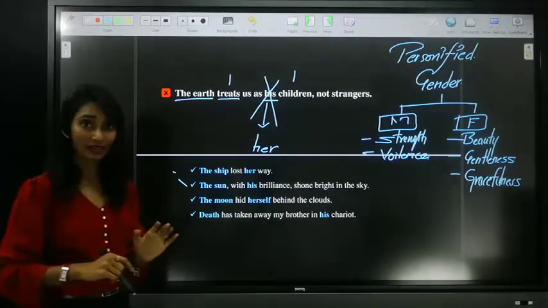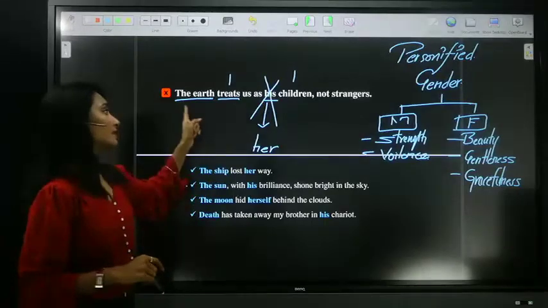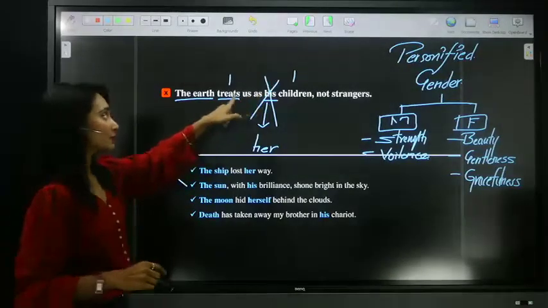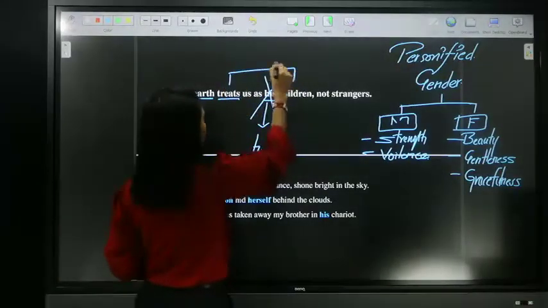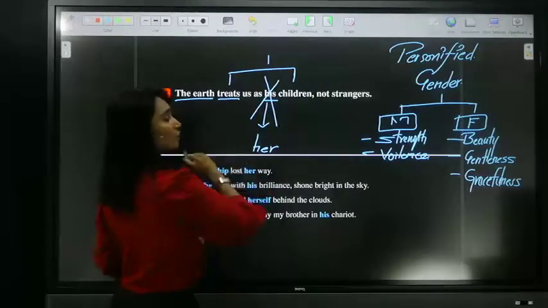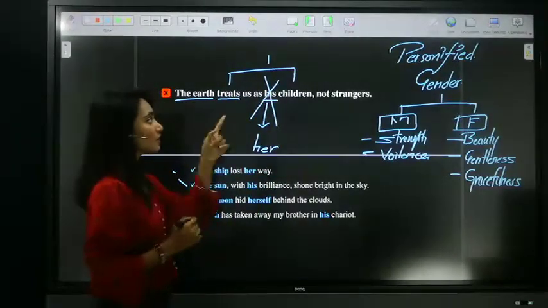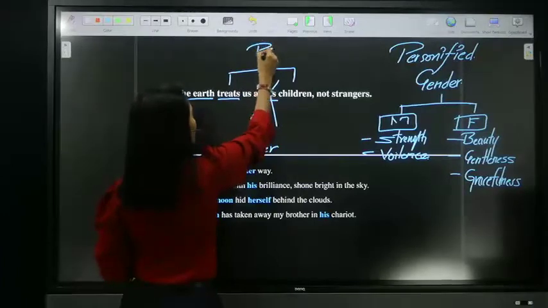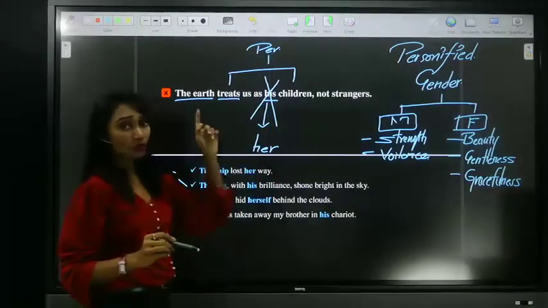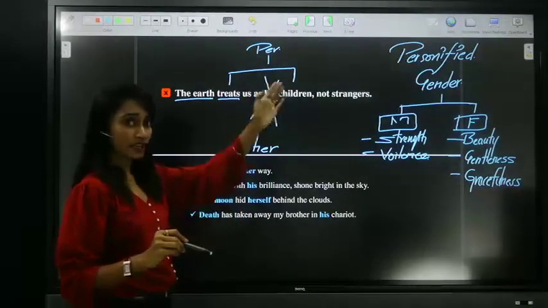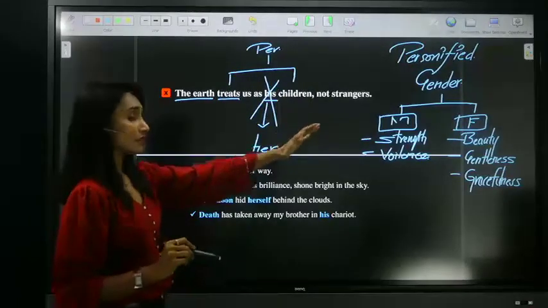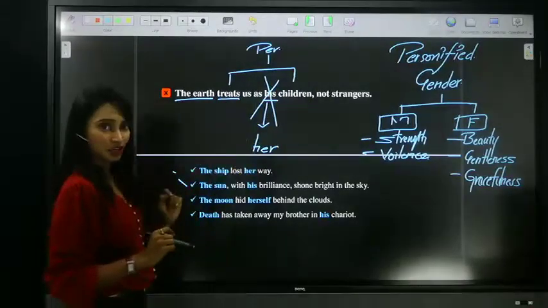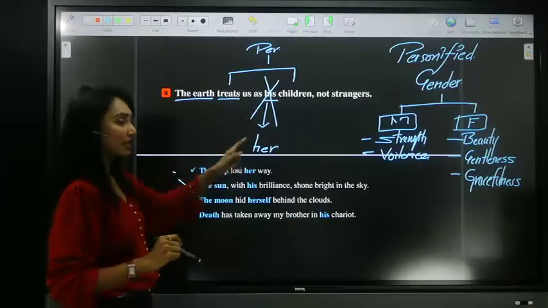Did you understand the reason here? Thing is, it is personified. How do we know it is personified? Because of these two things. One, treats, two, children. It shows it is personified. When we personify, we give life. When we give life, we can give gender. So here it should be feminine gender. So replace his children with her children.